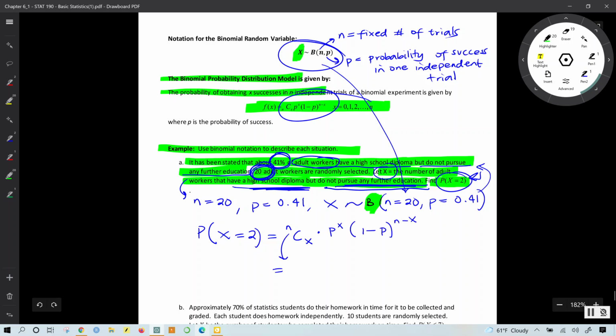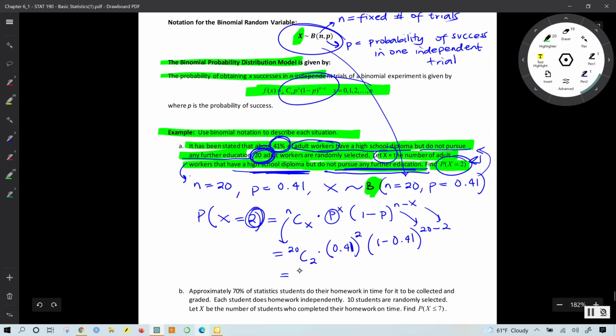All we have to do is substitute: n is 20, combination x in this case is 2, times p is 0.41 raised to power x, where x is 2, and then 1 minus 0.41 raised to n minus x, which is 20 minus 2.